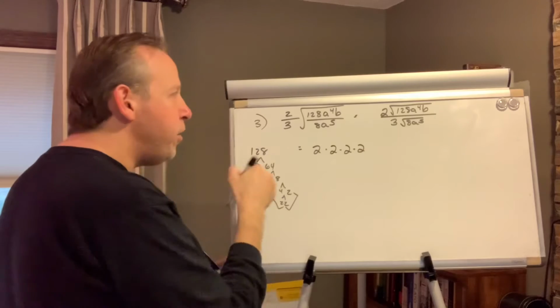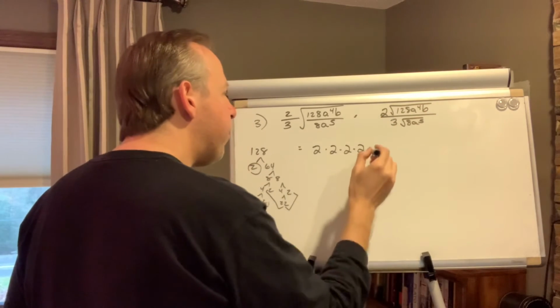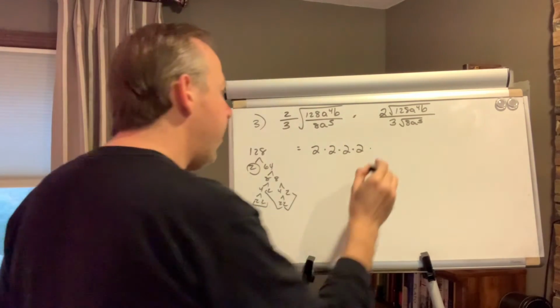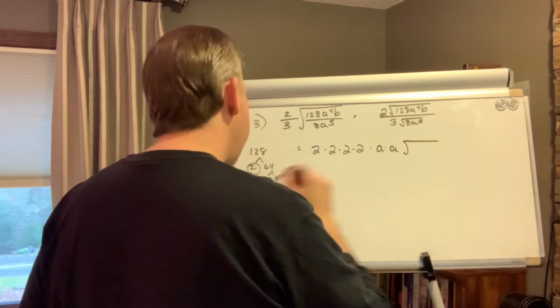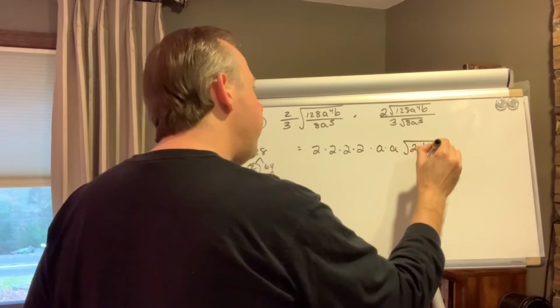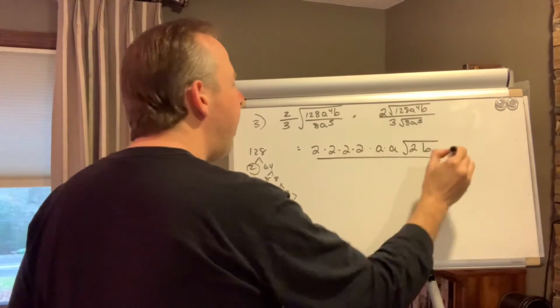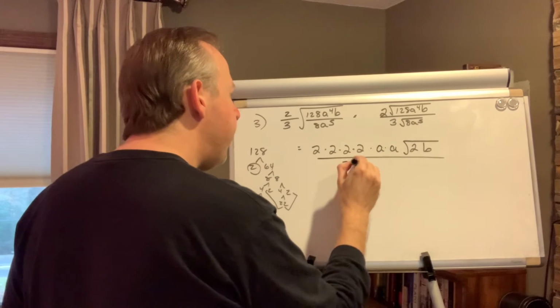and I'm going to leave that 2 under the radical, but there's also the a's and the b's. A to the 4th, well, that's 4 a's, which is 2 pairs of a's. The 2 and the b are left over. That's the numerator right now. Obviously, I'll reduce that. The denominator has a 3, and then what else?